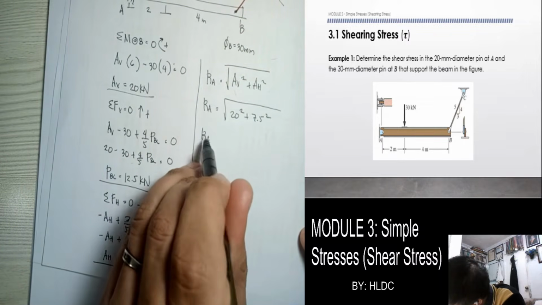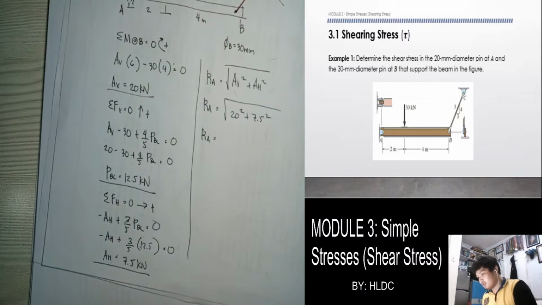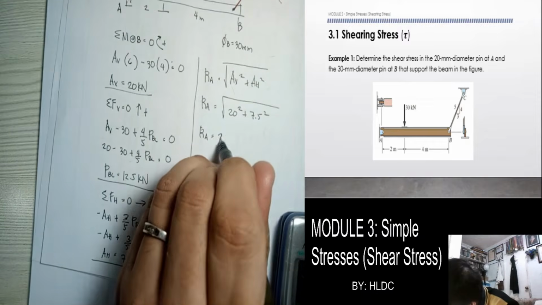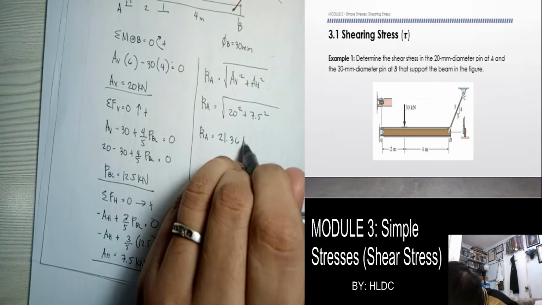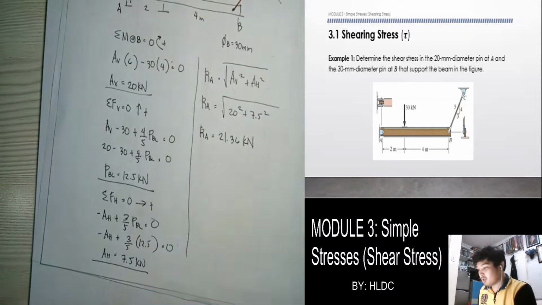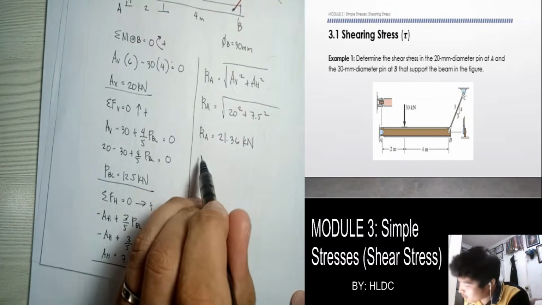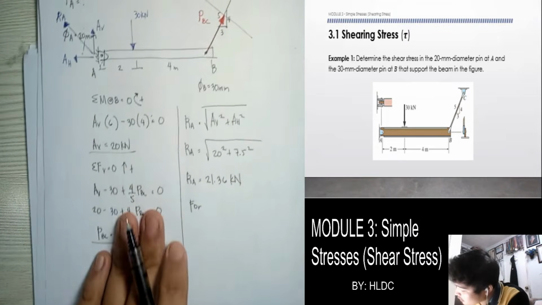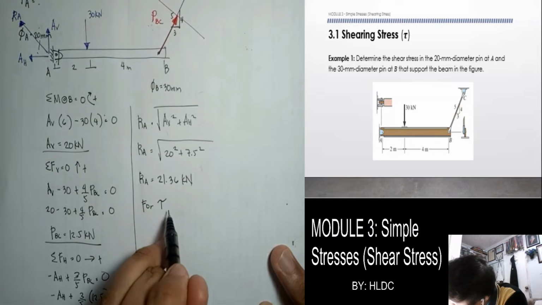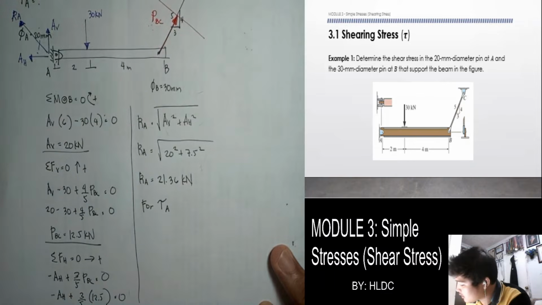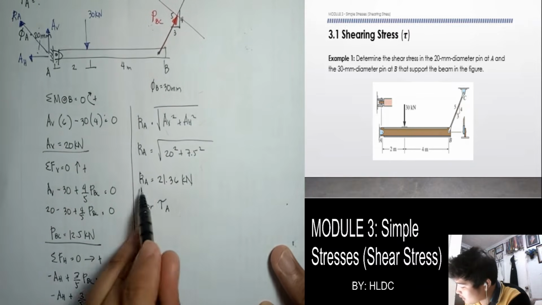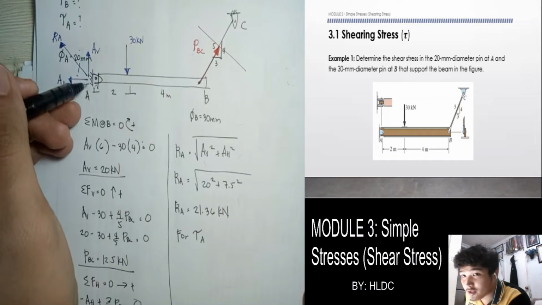RA now equals, so that's 21.36 kilonewtons. Okay, so for stress at A, no, P at A, meron na akong shearing force at A. So ito na yung shearing force at A.